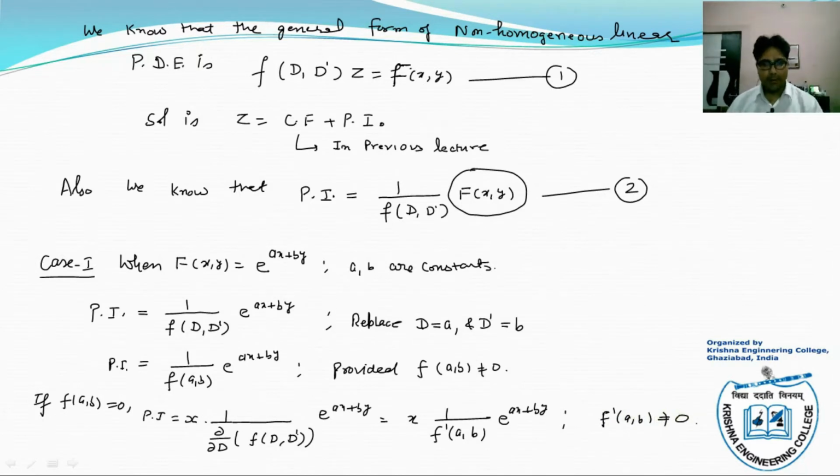Again, if f dash a comma b is equal to 0, then multiply again by x and differentiate partially with respect to D. Clear? This is the rule for finding the PI when f x is of the form e to the power ax plus by. Now we understand this whole rule of PI with the help of an example.